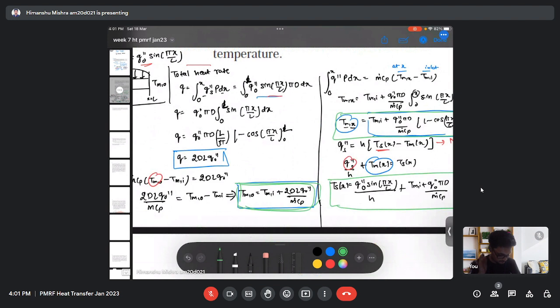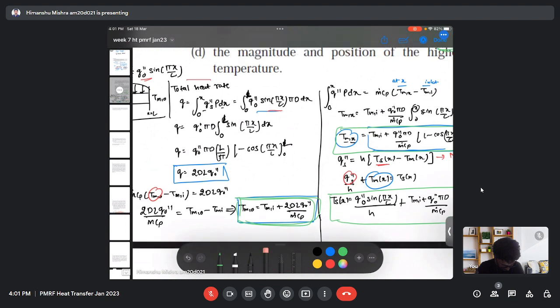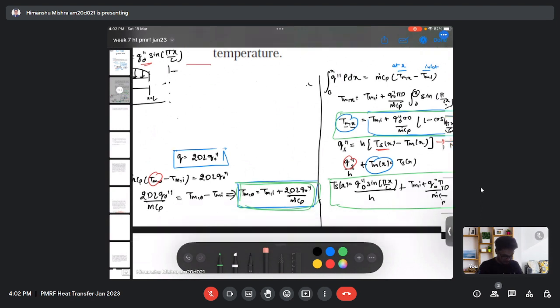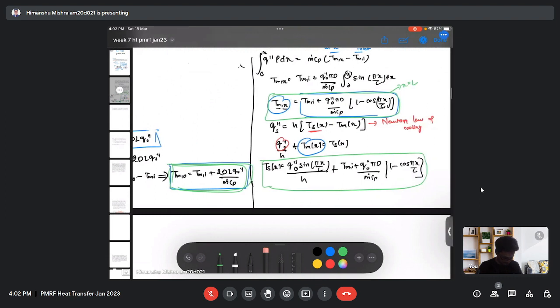To do this, we already have an expression for our temperature profile here, and we need to determine the maximum temperature location. So let's say this is equation number 1.